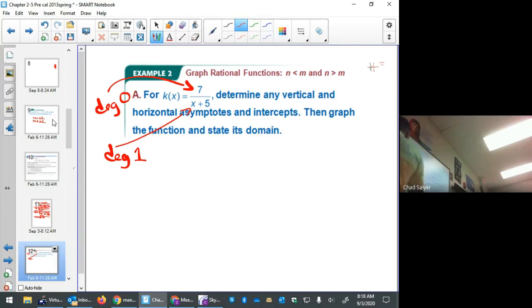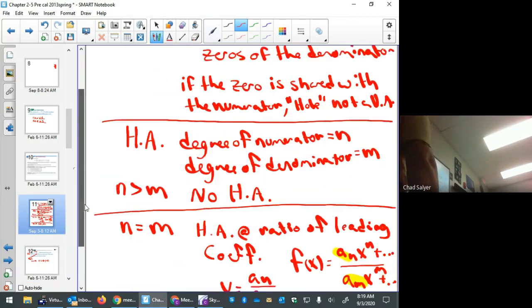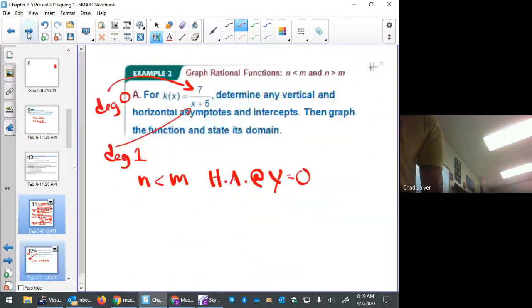So our horizontal asymptote situation is n is less than m. So it has a horizontal asymptote at y equals 0. You'll remember that from the last one we talked about. So when the numerator degree is less than the denominator degree, the horizontal asymptote is at y equals 0.